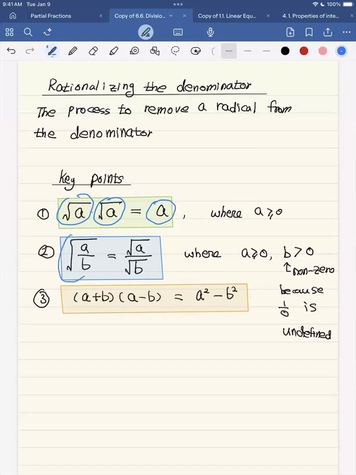When we have square root of a fraction, we can separate the square root in the numerator and the denominator. Another very important formula is a plus b times a minus b is a squared minus b squared.